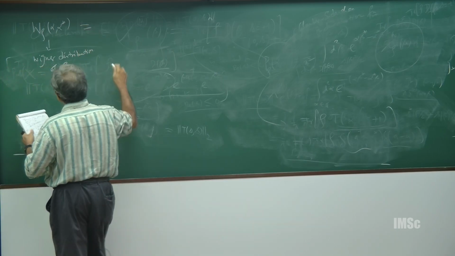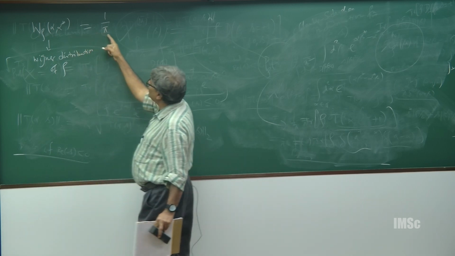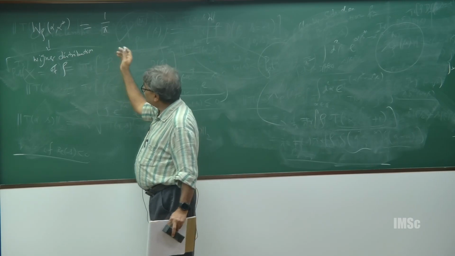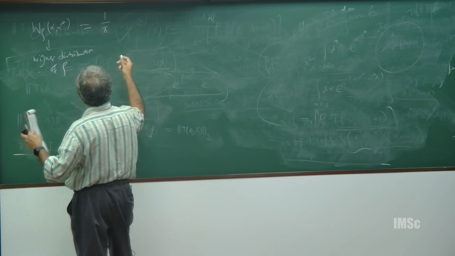Again, as I said, in the symmetric ordering case you will have to take the factor 1 upon pi, because from both sides, anti-normal and normal ordering.